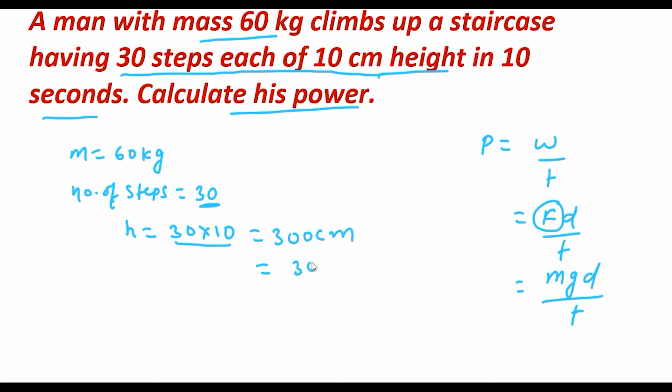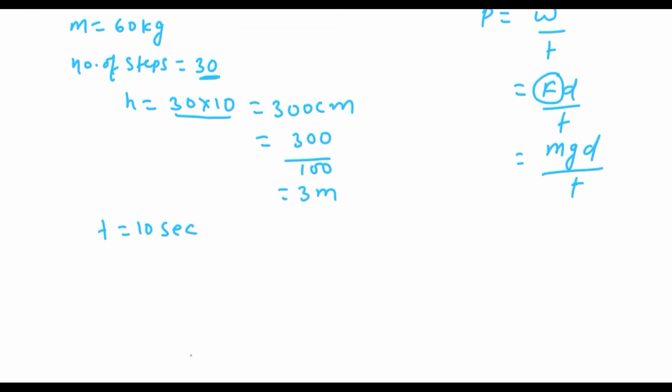So 300 centimeter, when we divide with 100, then change into meter, so it becomes 3 meter. And time is given, 10 second, and we have to find the power.